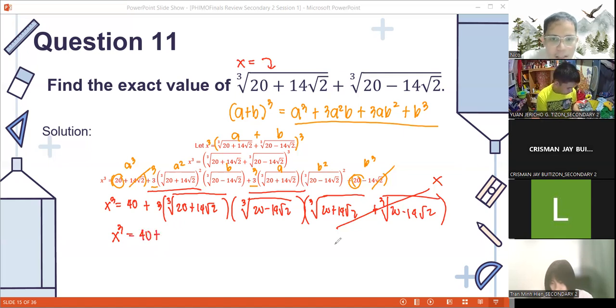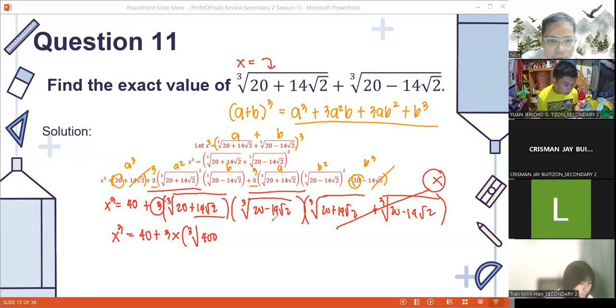40 plus, this is 3x, and then the cube root of, this is 20 times 20, that is 400. Then this is 14 square root of 2 times 14 square root of 2, that's 392, right?